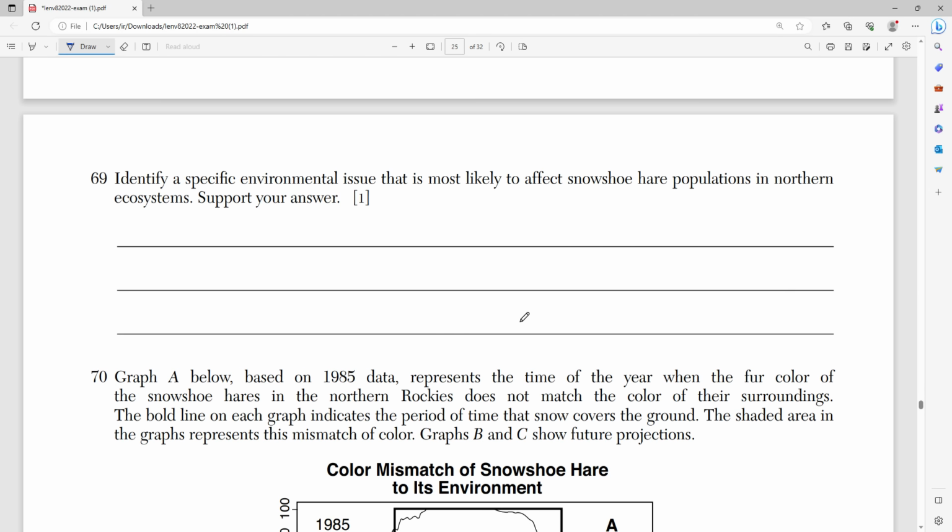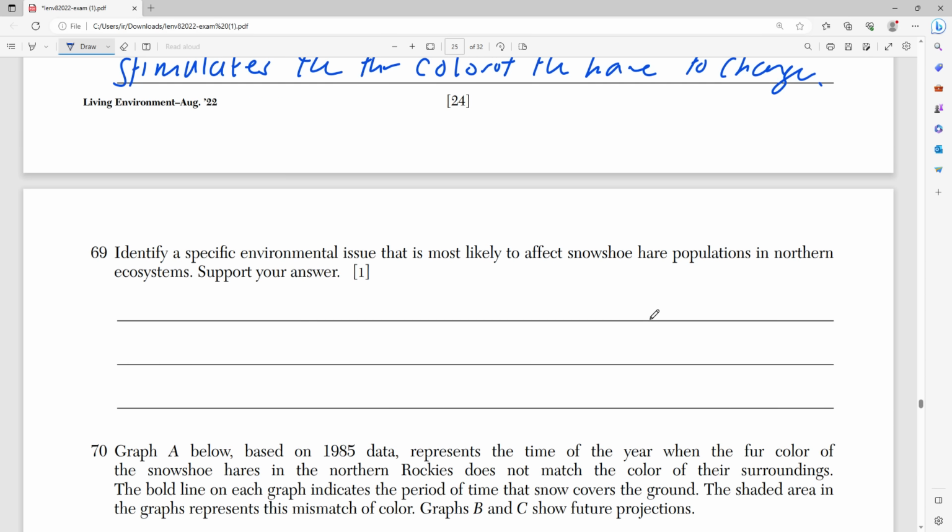Number 69 asks us to identify a specific environmental issue that most likely affects snowshoe hare populations in northern ecosystems. Well, let's think about it, right? If the length of day matters, if the amount of snow matters, and so pretty much it's the length of day and it's the amount of snow that really matters.